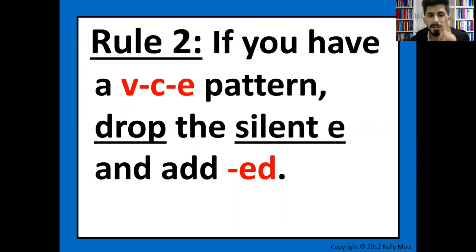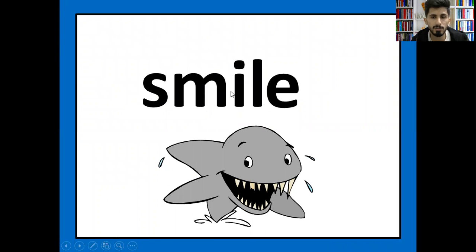A vowel, then a consonant, then the letter E. When you have a vowel, then a consonant, then the letter E, we drop the silent E and add ed. It means we delete the silent E, then we add ed.